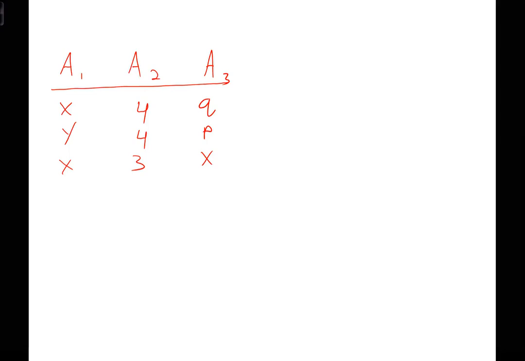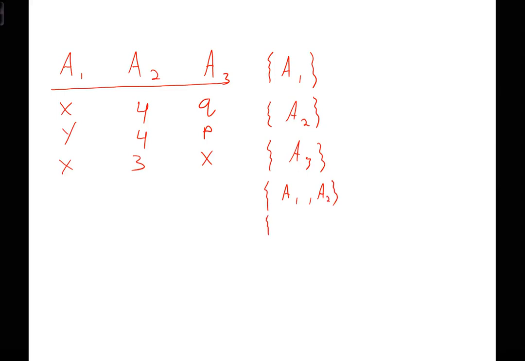Well, we can do A1 by itself. That is a set. We can do A2 by itself, A3, the combination A1, A2 is one possible set here.